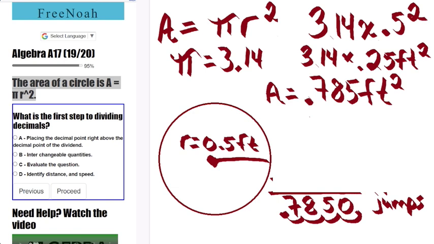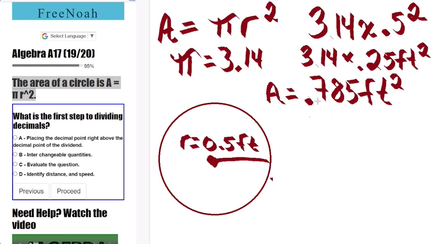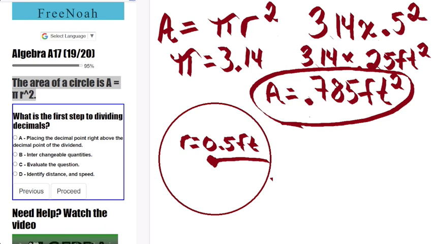So the area of this circle with the radius of 0.5 feet gives us an area of 0.785 feet squared. And that's how you obtain the area of a circle.